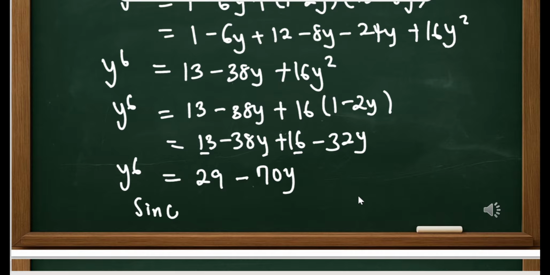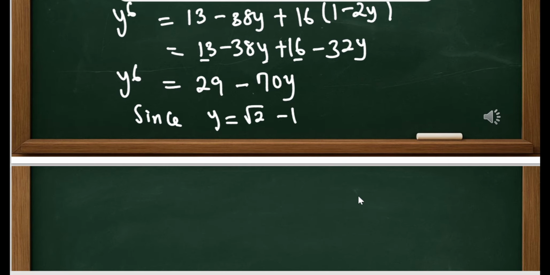And from equation star, since our y equals the square root of 2 minus 1, then I can have y to the power of 6 equal to 29 minus 70 into parentheses square root of 2 minus 1.